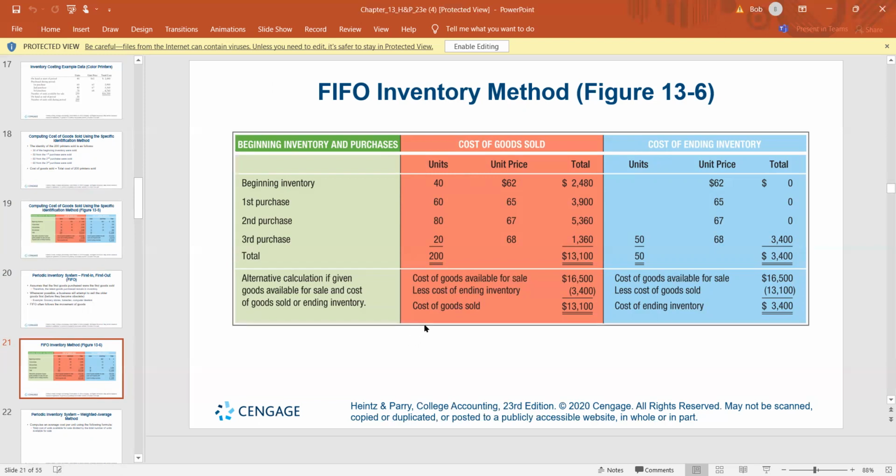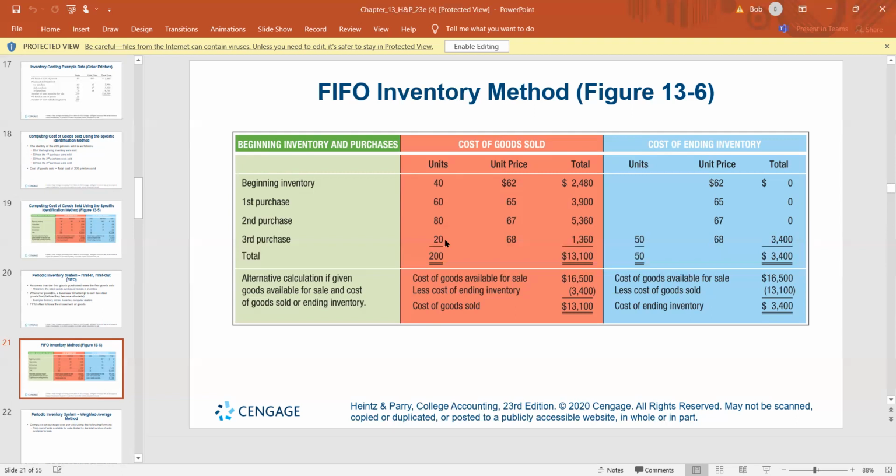Okay, we know we sold 200 items. Under FIFO, we sold 40 from here. We sold 60 from here. And we sold 80 from here. And the remaining 20 from there.